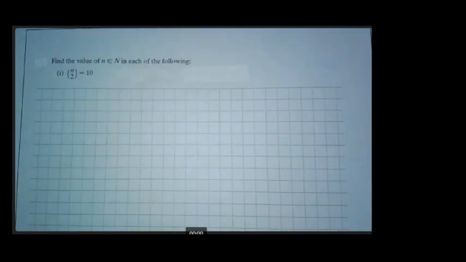Okay, final example, and this is one that I said I'd come back to, where we are asked to solve for n here, and we may need to think about the actual calculation that the nCr button on the calculator does. Now, this is an easier one, I suppose.